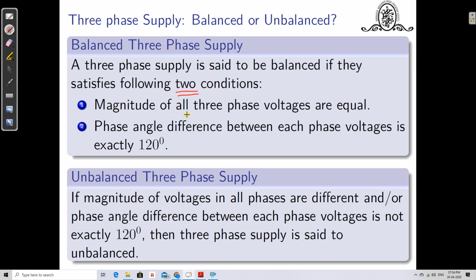First, the magnitude of all three phase voltages must be equal: the magnitude of ER must be equal to the magnitude of EY, which must be equal to the magnitude of EB. Second, the phase angle difference between each phase voltage is exactly 120 degrees. So let us understand by the phasor diagram.